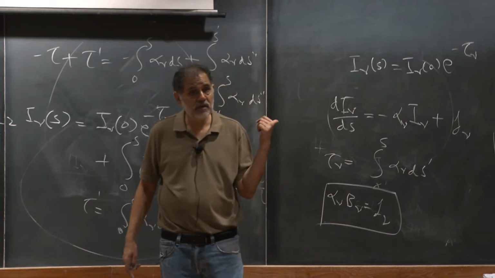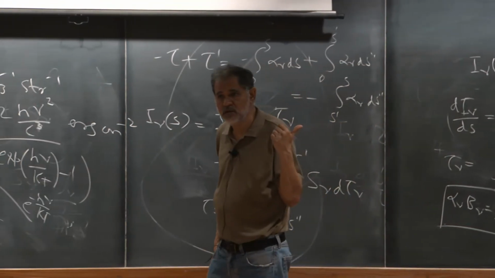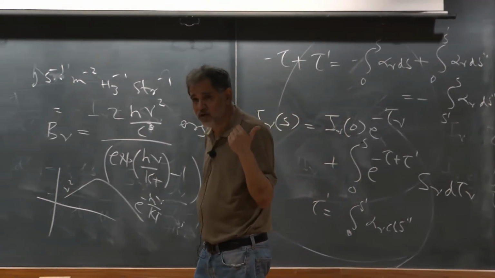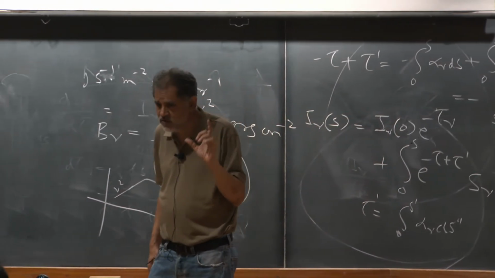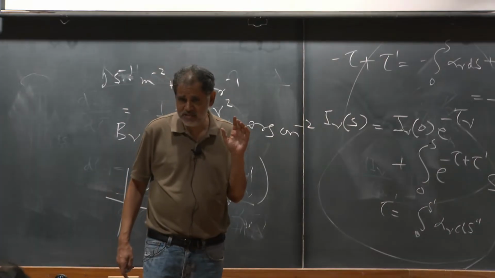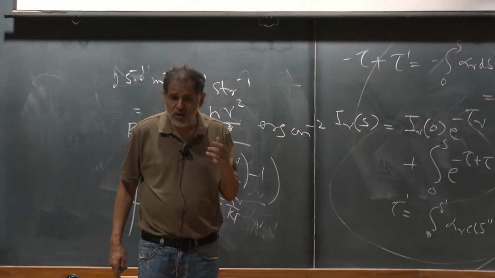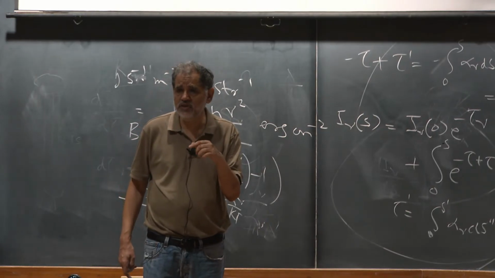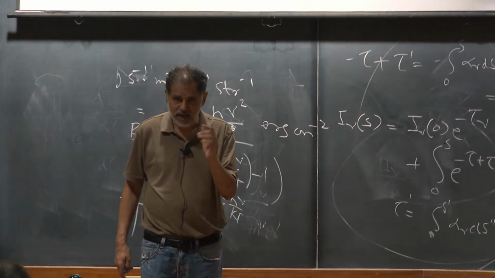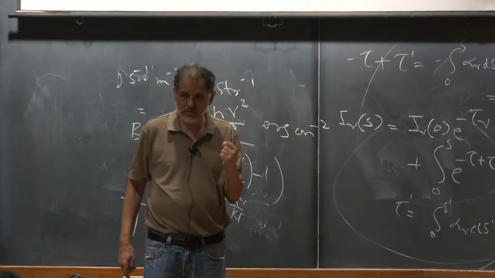Does this relation tell you that? Powerful, right? Very simple. We have done very simple things, but we have reached very powerful conclusions. If I can work out how a thing emits, I can also work out how it absorbs.